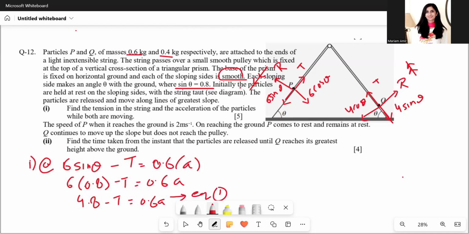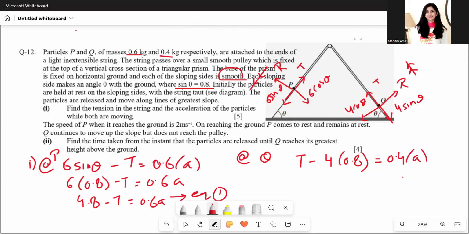Okay. Next, we will form the similar equation at Q. This was at P. Now at Q, forward force would be the upward force T minus downward force 4 sine theta. Sine theta is again 0.8. So T minus 4 sine theta equals mass times acceleration. Mass is 0.4.